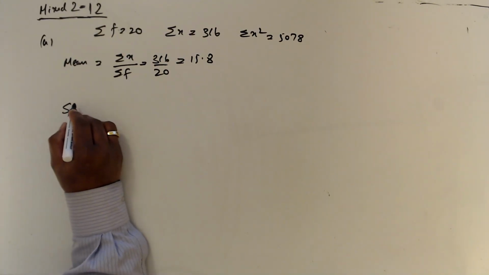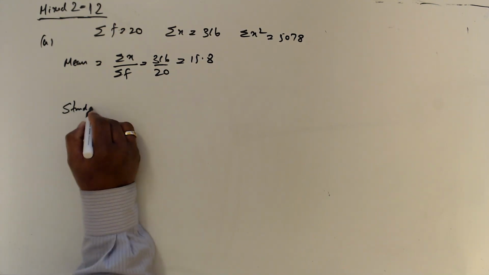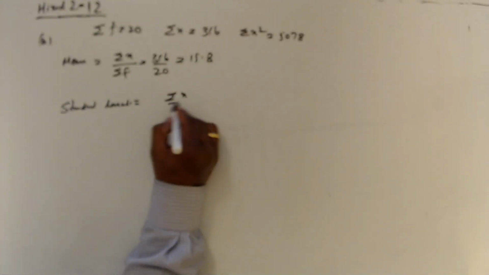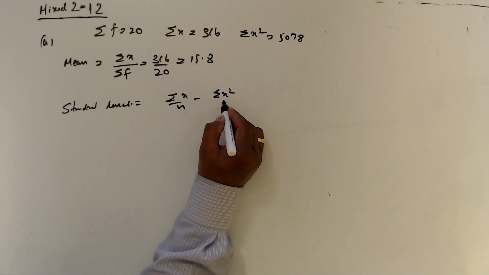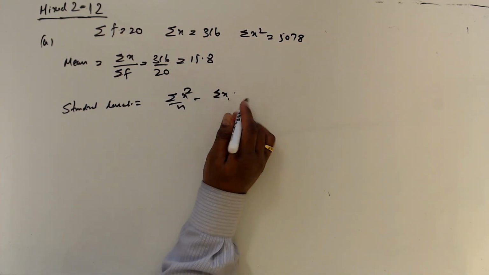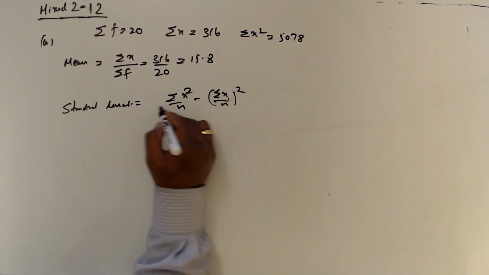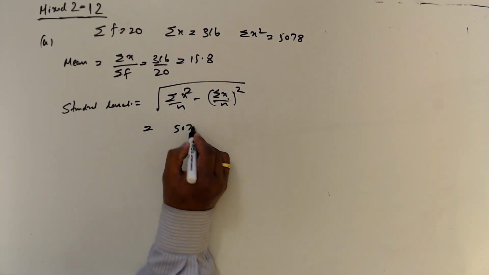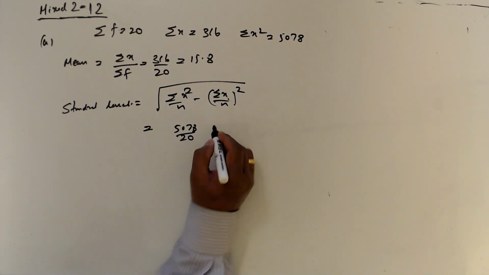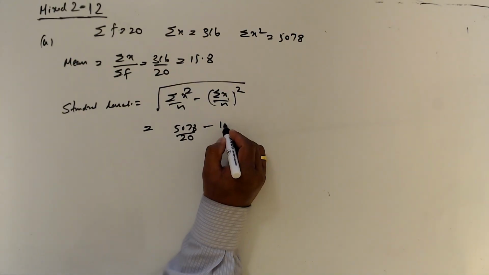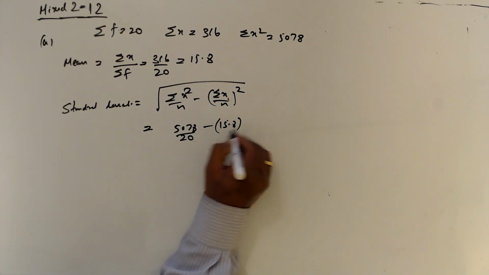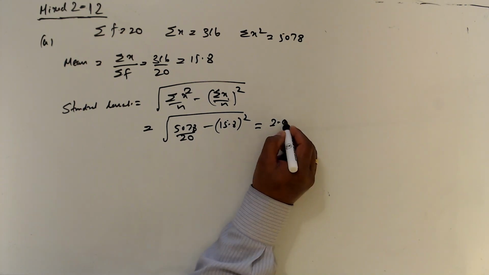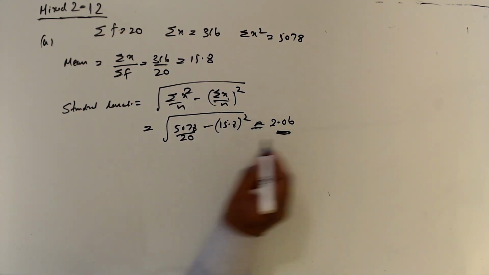Then the standard deviation: the square root of summation x square over n minus summation x over n, squared. So this is going to be 5078 over 20 minus 15.8 squared, square root, that is 2.06 approximately.